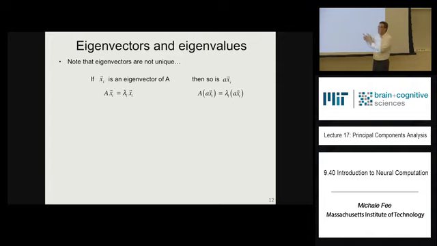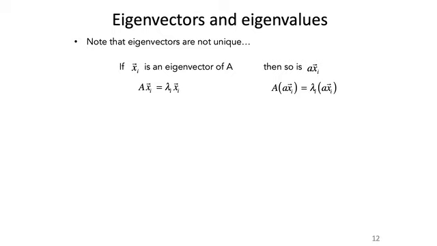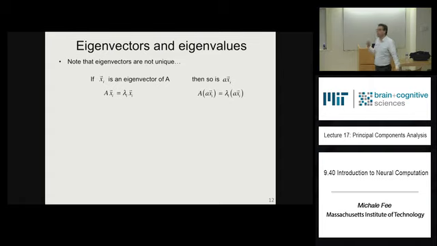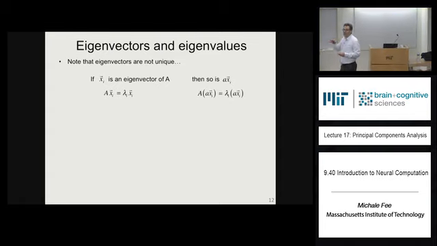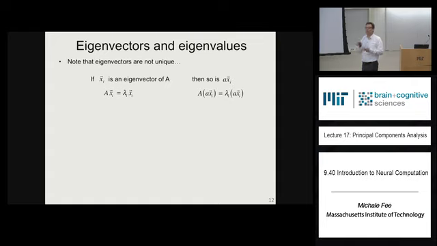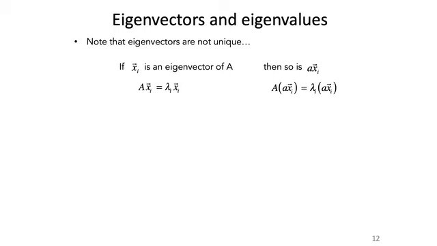What that means is that any vector in that direction will also be stretched and not rotated. So eigenvectors are not unique. Any scaled version of an eigenvector is also an eigenvector. When we write down eigenvectors of a matrix, we usually write down unit vectors to avoid this ambiguity.